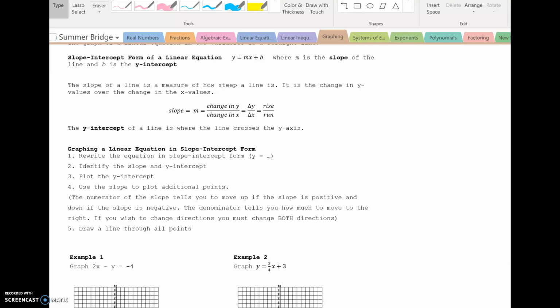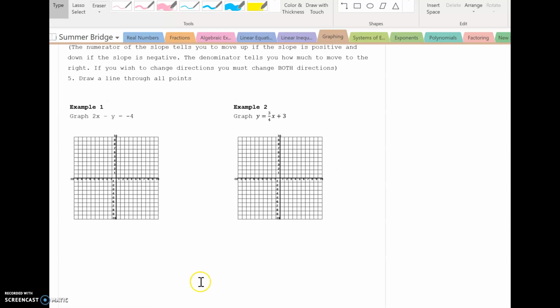Now, the numerator of the slope tells you to move up if the slope's positive and down if the slope's negative. The denominator tells you how much to move to the right if it's positive. If you wish to change the directions, you must change both directions. So draw a line through all the points. I have a couple of examples here, and that's exactly what we're going to do.